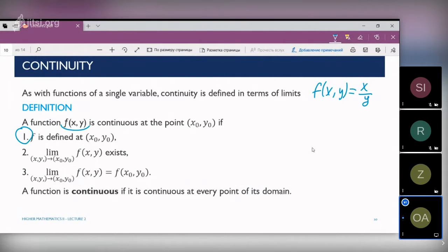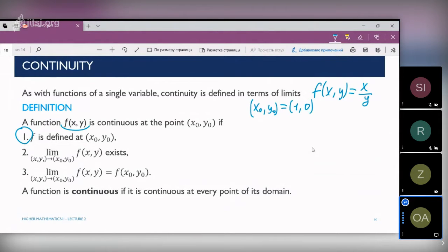For example, this is a function and (x0, y0) is like 1 and 0.